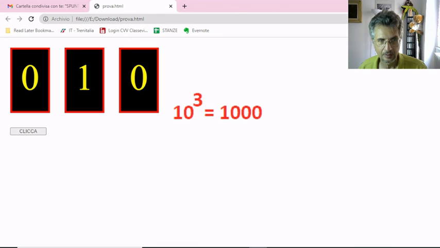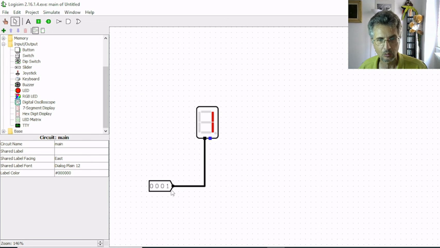Because in this case we have 3 digits, and we have to calculate 10, which is the base of this system, raised to the power of 3. So 10 raised to the power of 3 makes 1,000. So the binary system works exactly as the decimal system. The only difference is that in this case we have just 2 digits, 0 and 1, to represent all numbers.